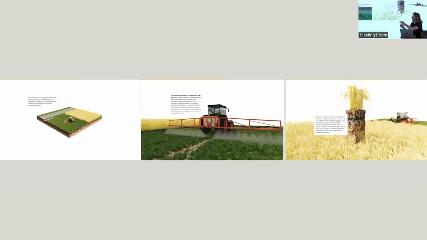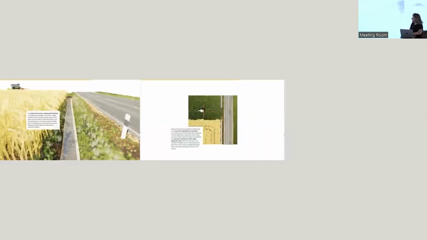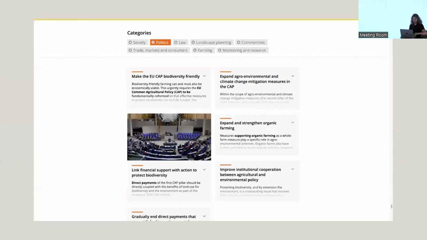You start from the overview, you go, for example, to one section, which is pesticides, which are actually used at the moment more effectively than ever before. And you just go to the specific sections and then you go back again to the overview.